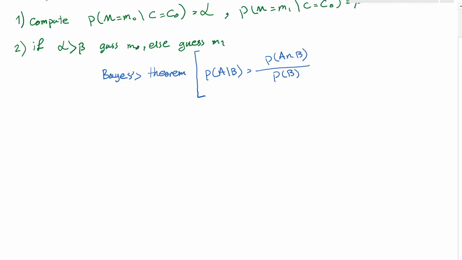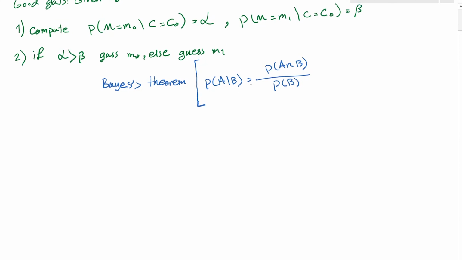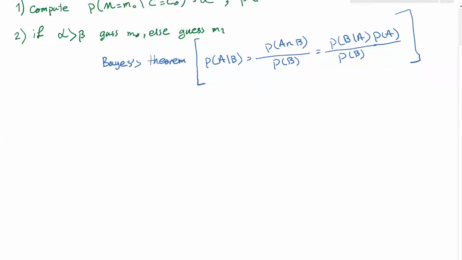I think you guys remember this one. Using the very same formula, I can rearrange the top to be the probability of B given A times the probability of A. So this is the Bayes theorem, and we accept that this is true. If somebody forgot the Bayes theorem, I invite you to go back to the probability material and check this out.